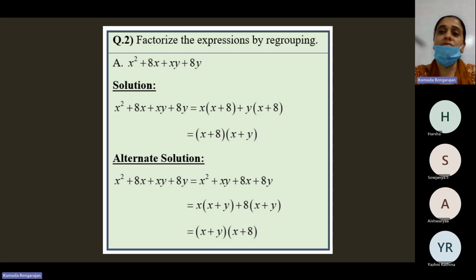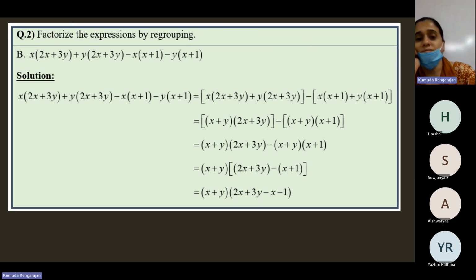Yeah, Surya, leave some space there and complete it later. Let me see how you can complete that. Next one.